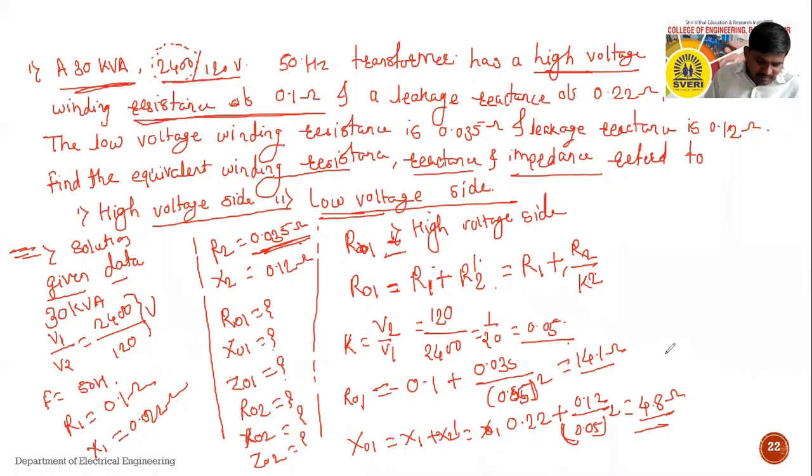Let me do the calculation. 0.05. 48.22. Forty-eight point 22, right?